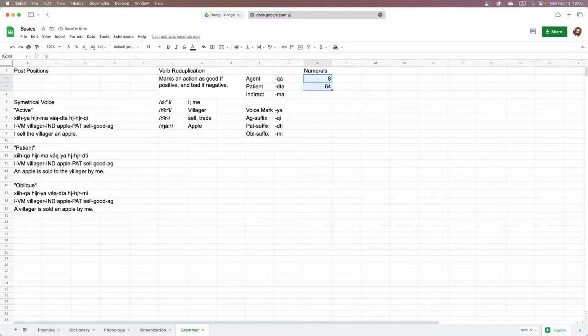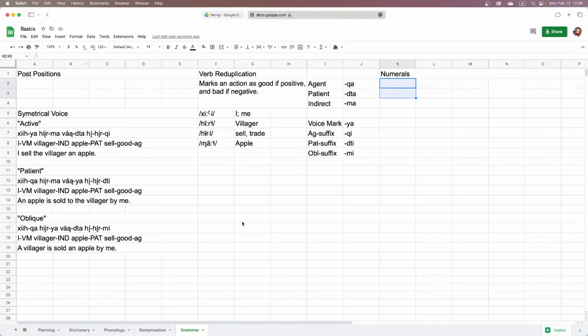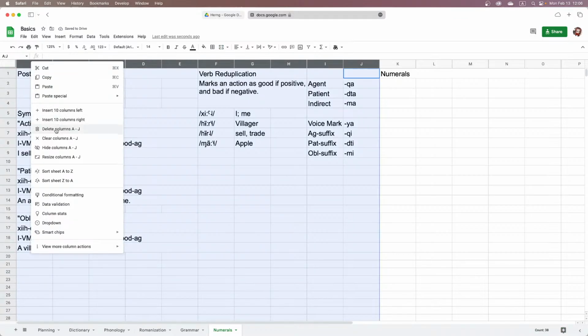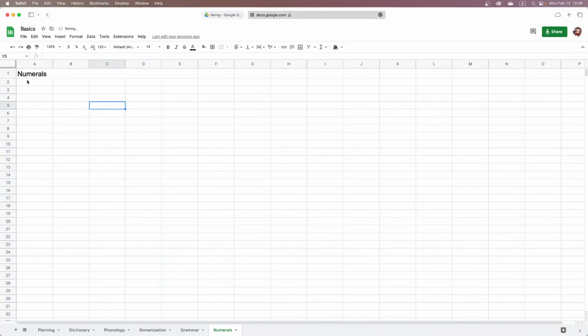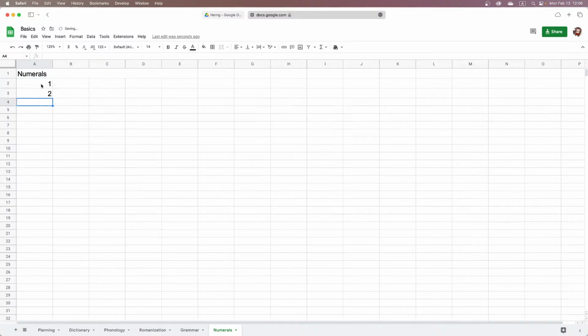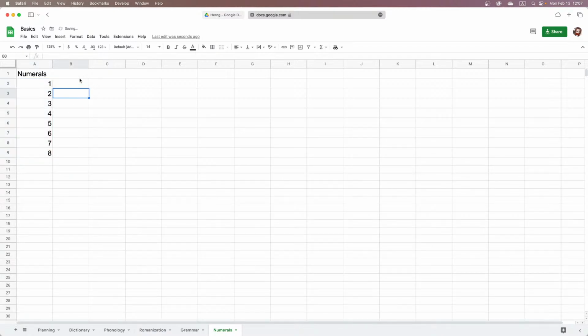So let me zoom in for you guys so you can see better. Numerals. So 1, 2, up to 8. Think up numbers for that. That's what I was thinking.